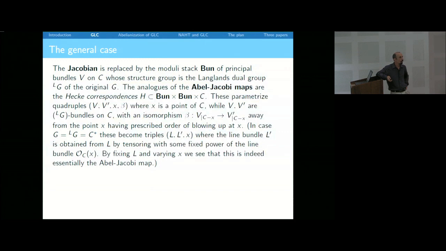It's a P1 because given a rank 2 vector bundle and a point, the set of possible modifications at that point is parameterized by the projective line parameterizing all one-dimensional subspaces in the two-dimensional fiber of the vector bundle at the point. So you get that the fiber is P1. And that's correct at the stacky level. If you try to do it at the geometric level of moduli spaces, you find that sometimes you start with a stable bundle and you modify it and you get an unstable bundle.